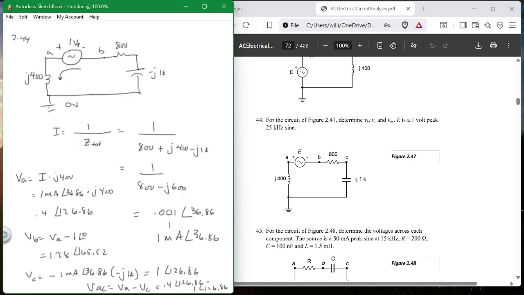So it's 0.4 minus 1, 0.4 at angle 126.86 minus 1 at angle 126.86 is equal to 0.6. So VAC is equal to 0.6 at angle minus 53.14.